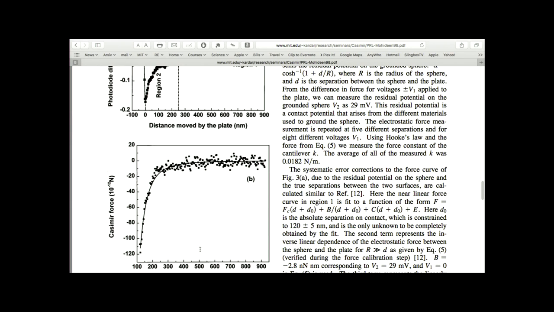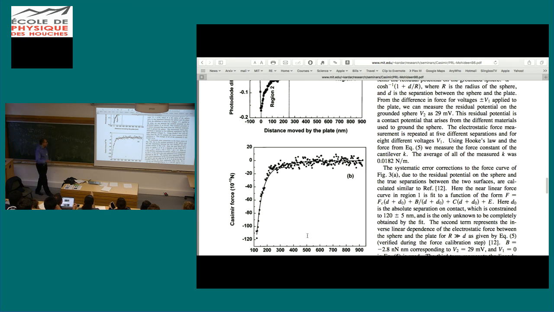Still a puzzle emerges, because at the level of a few percent, which is far beyond the precision of the experiments, there is a discrepancy between the Lifshitz formula and what is experimentally measured. That's a puzzle that has remained. But if you are satisfied at the level of a few percent, this formula already works very well.